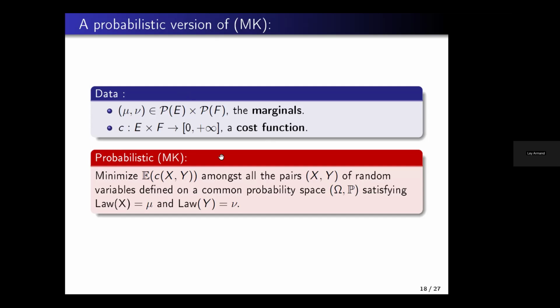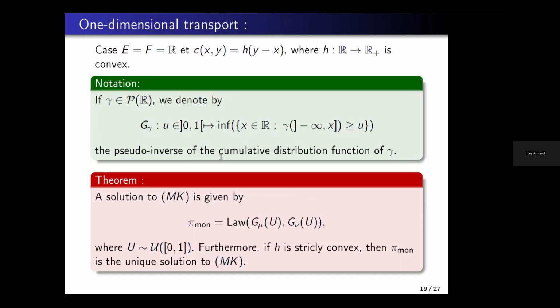In general, it is very hard to compute the solution of this problem because it's an infinite dimensional problem in general, when you have very general measures. But in some cases it is possible. For example, when you are on the real line and your cost function is a convex transformation of the distance.